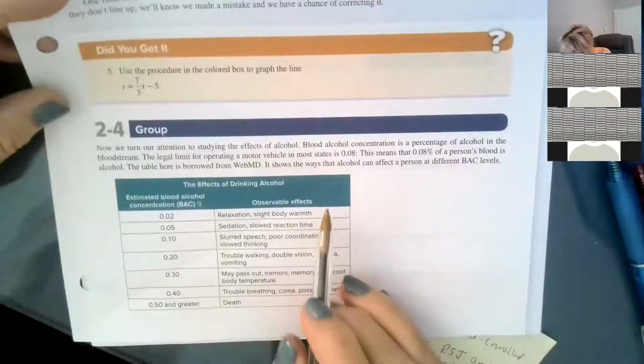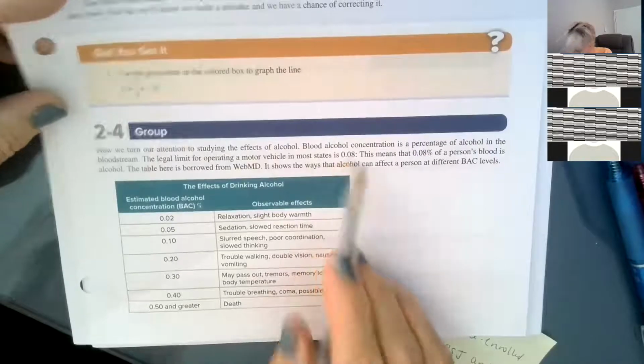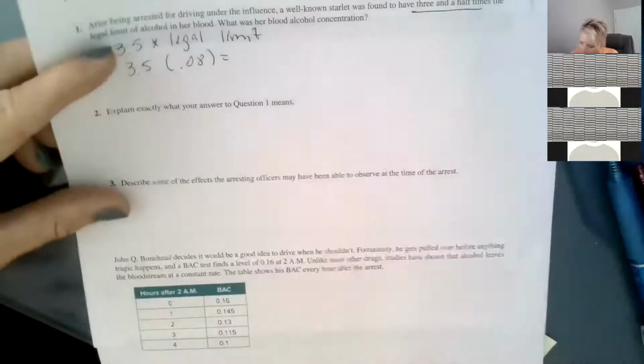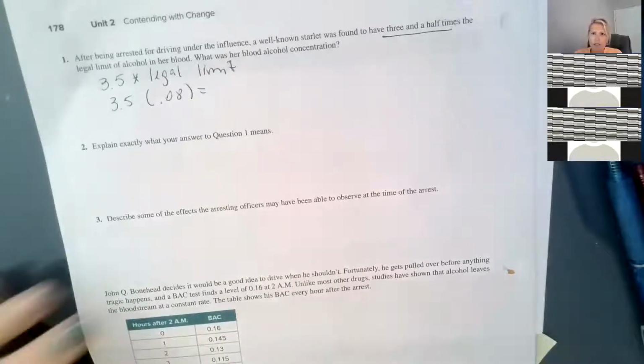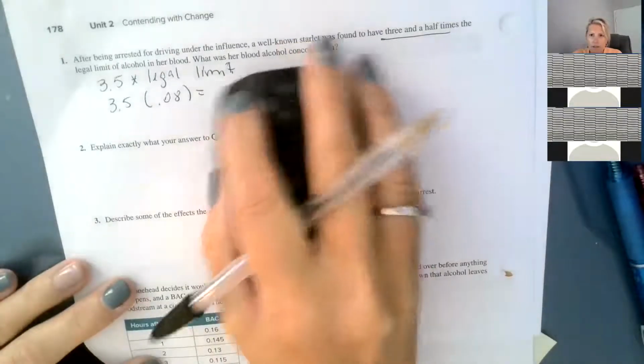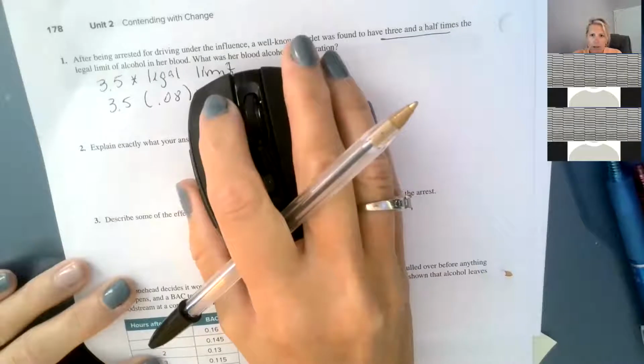Yeah, the legal limit is 0.08. So 3.5 times the 0.08 is 0.28.